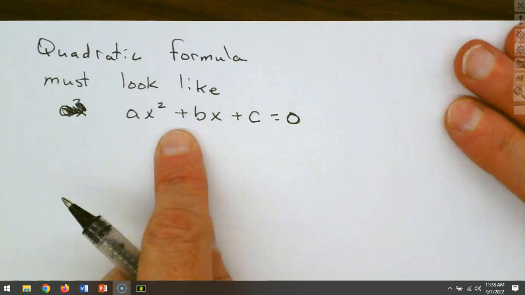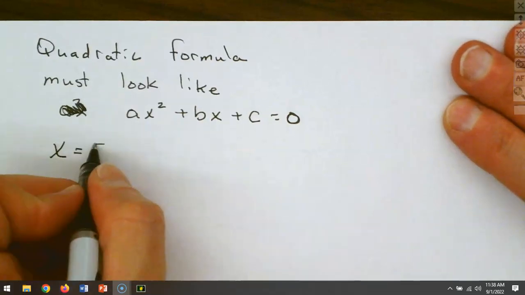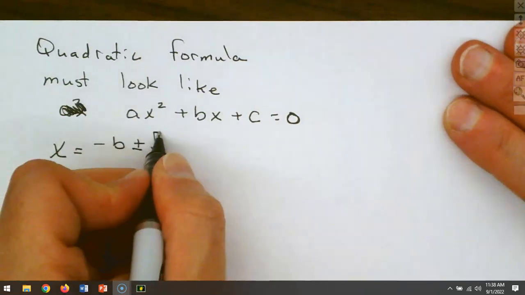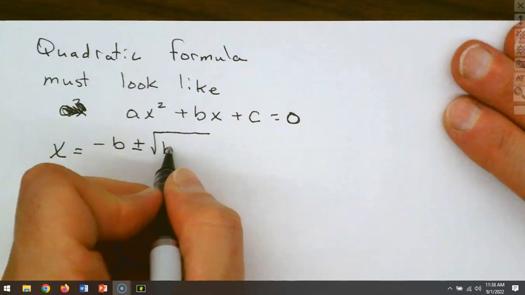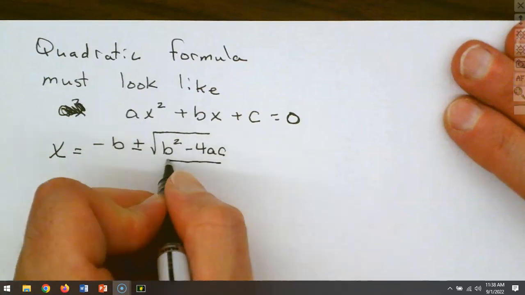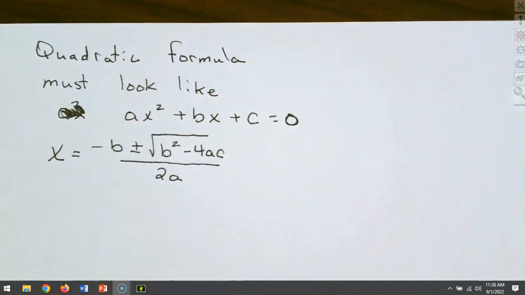And then we can apply our quadratic formula, which is x equals minus b plus or minus the square root of b squared minus 4ac, over 2a, right? You probably heard of that before, but this is our quadratic formula.